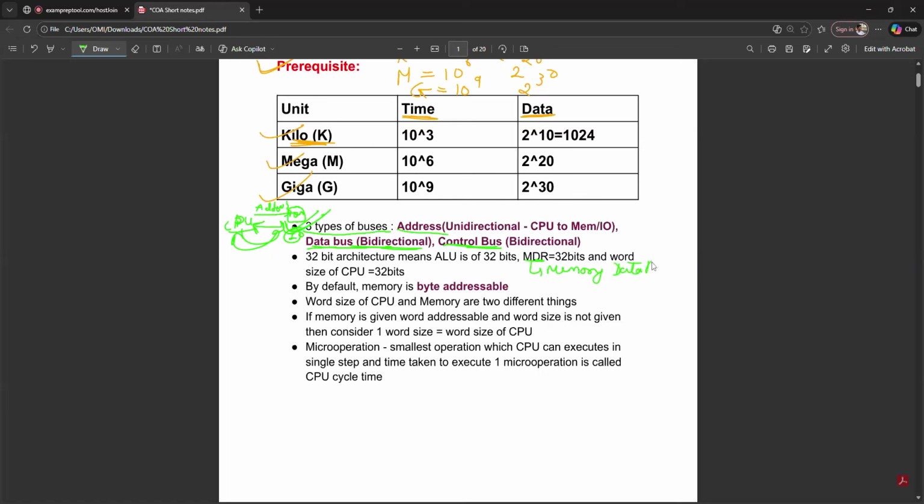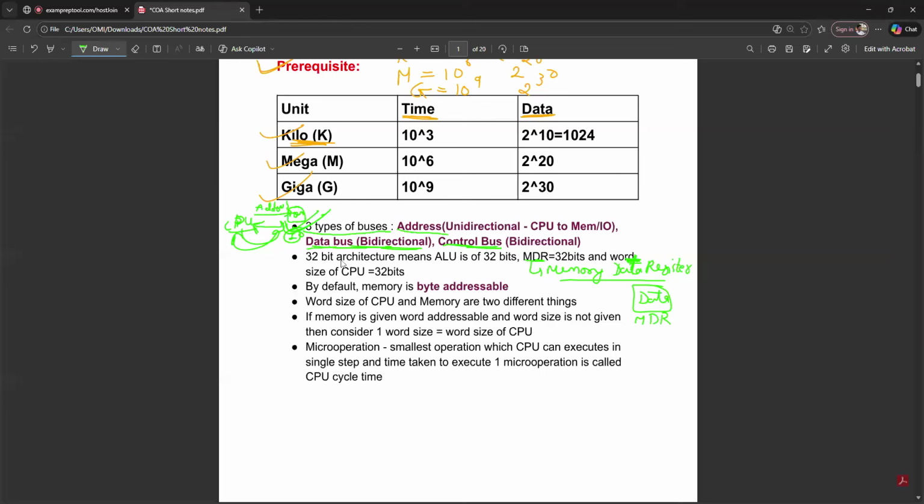You know from the computer architecture course that whenever an instruction fetch happens and you fetch data from memory, this MDR is one type of register used to hold data. Here the data will be stored.